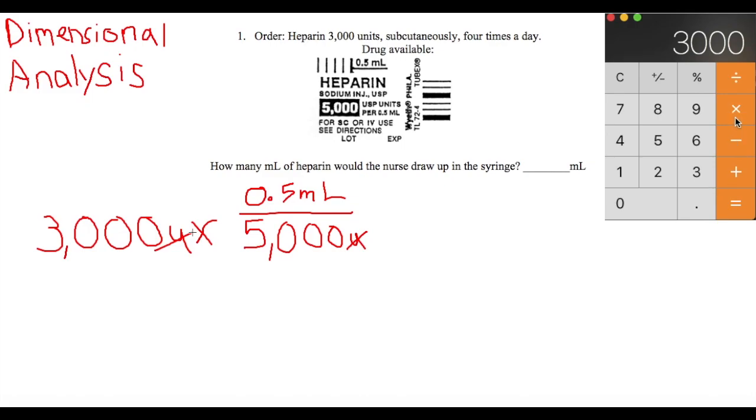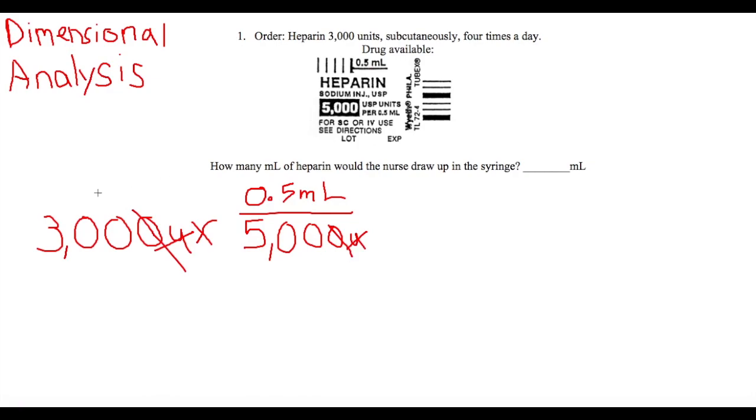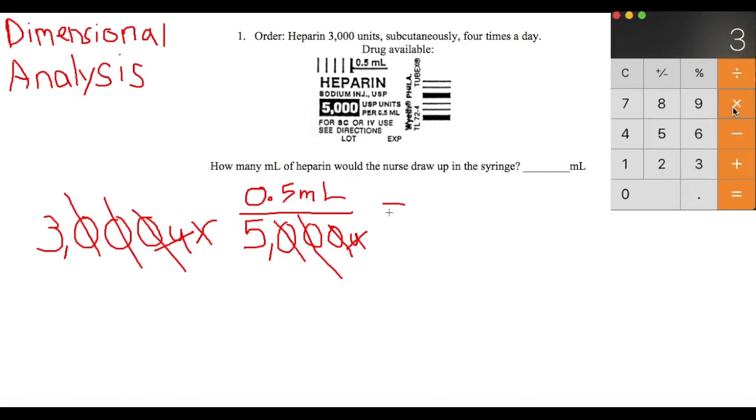Then we have 3,000 times 0.5 divided by 5,000. As I mentioned before, I like to reduce down and get rid of some of those extra zeros. So really, this is the exact same as saying 3 times 0.5 divided by 5. And then our answer is going to come out to 0.3 mLs.